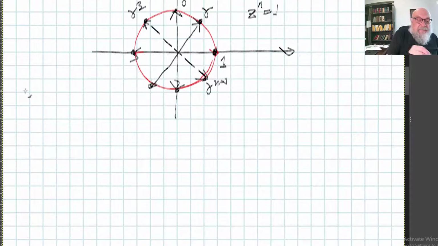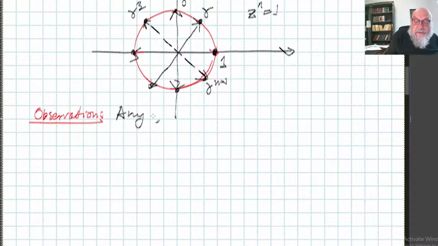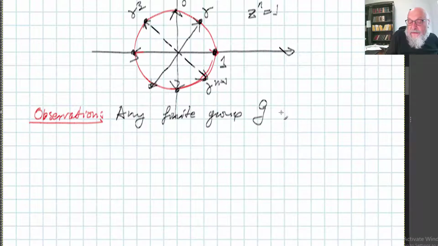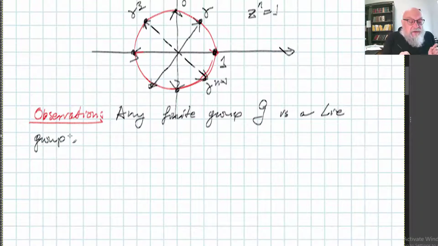Any finite group, maybe make a little observation. Any finite group G is a Lie group. Since we understand that a Lie group is a manifold, it makes sense to talk about the dimension.